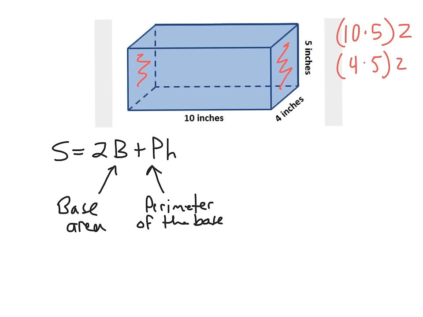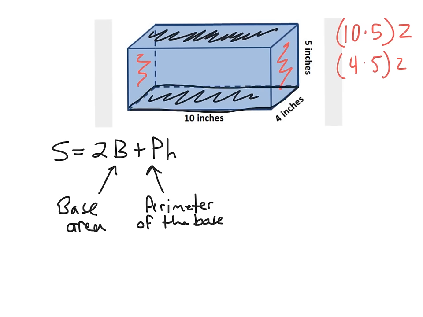Next I could do the top and the bottom. So the top and the bottom are here and here. To find the area of this rectangle, it would be 10 times 4. But I have to multiply it by 2 because there's 2 of them. So I could find the area of each surface individually and add them all up.